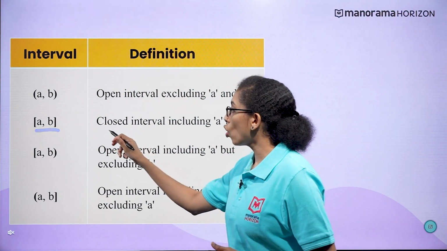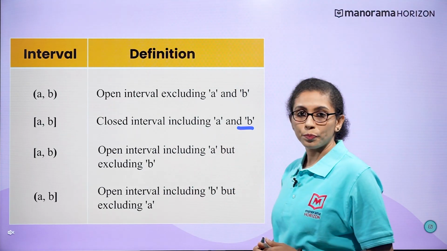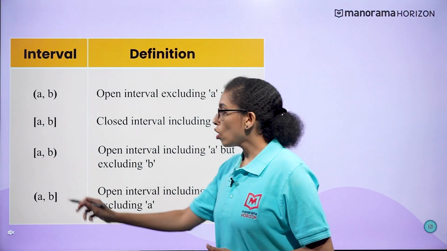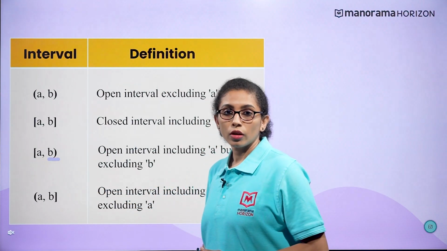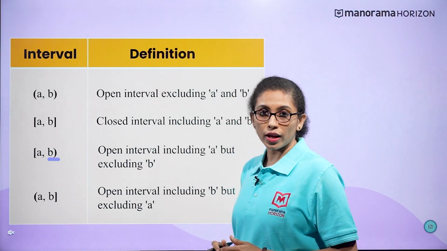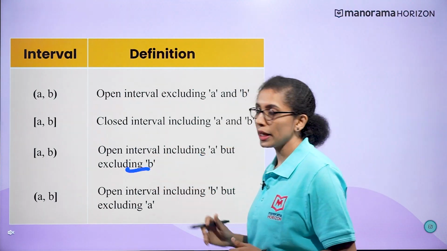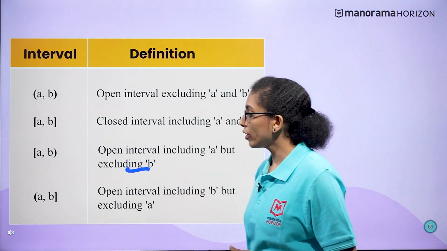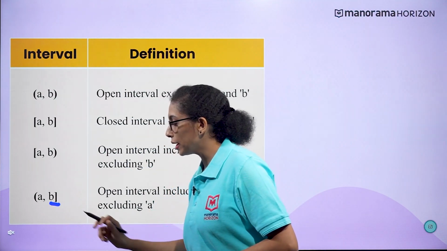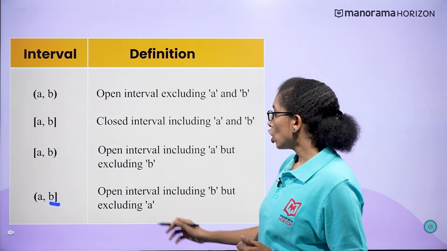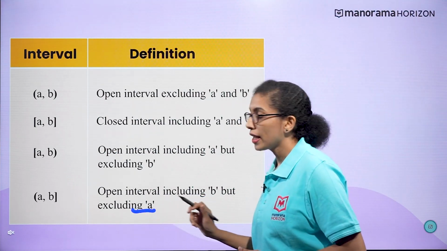It means a closed interval including A and B. Third one, closed at A and open at B. It is an interval including A but excluding B. And the last one, we have open at A and closed at B. What does it mean? It means an interval including B but excluding A.